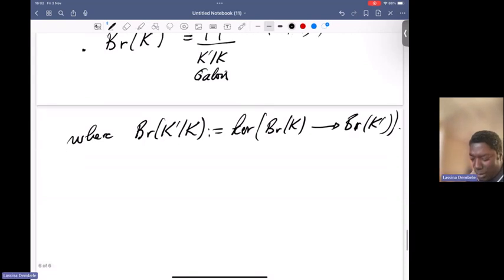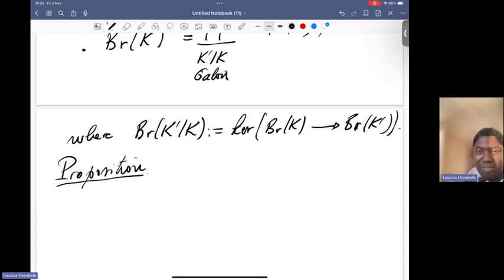Here is one proposition, which again I'm not going to prove here for lack of time, but the proof is given in the lecture notes.